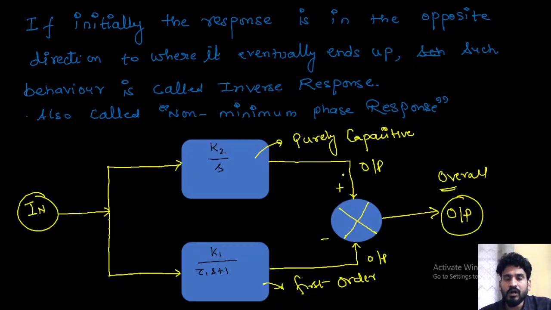So what will be the output? The output will be the comparison between these two transfer functions: K2 divided by S minus K1 divided by tau 1 S plus 1.